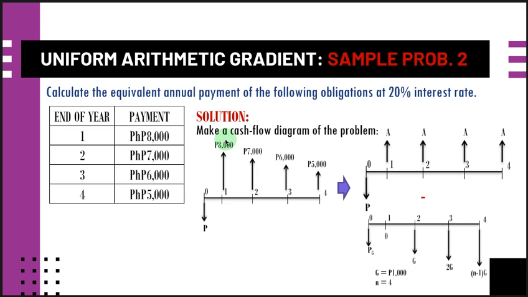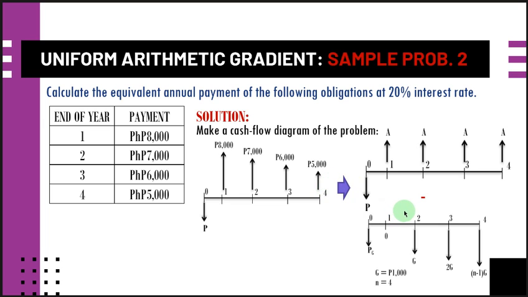The difference is 8,000 minus 6,000, 2,000. Therefore, we need to multiply this G by 2 to make it 2,000. So that's why this is 2G. Until the fourth year, the difference is 3,000, so this n minus 1 times G is equal to 3G. Take note, we have a negative sign here, indicating that this is minus because the values were decreasing from the very first year until the fourth year.